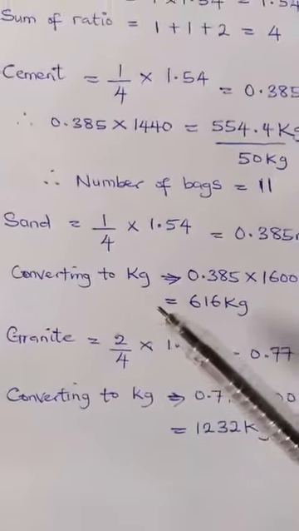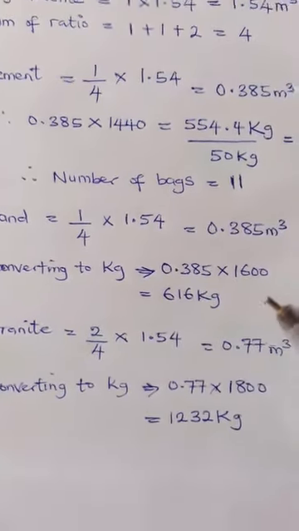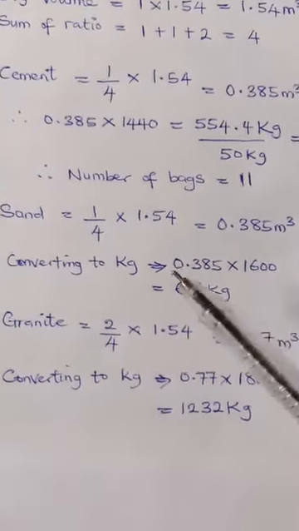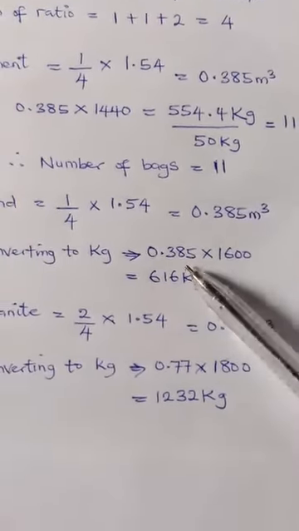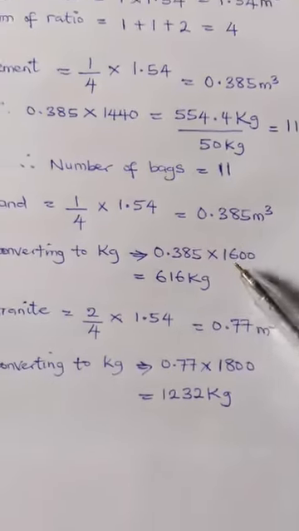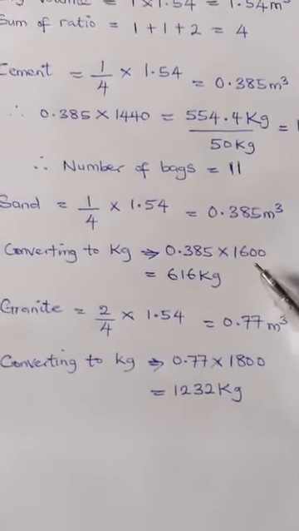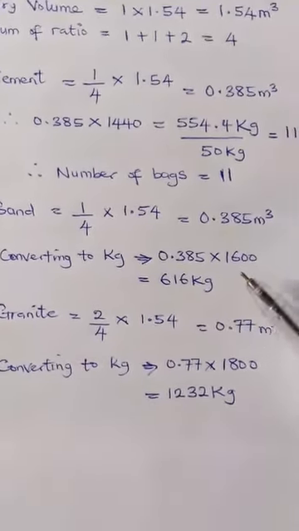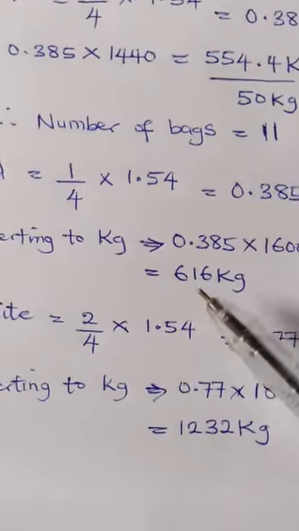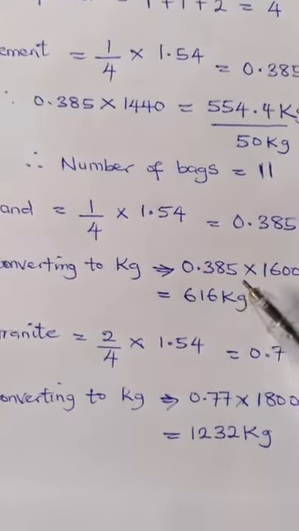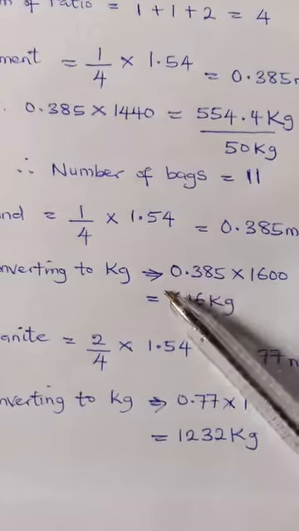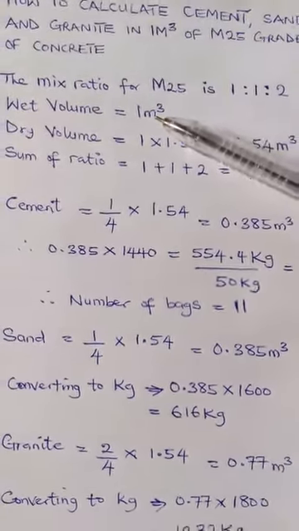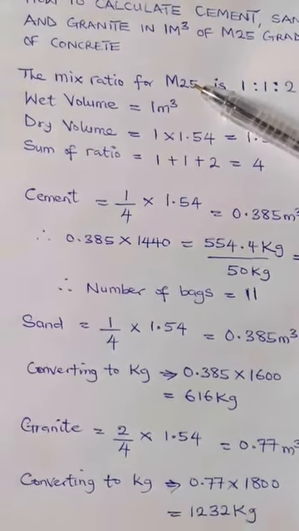Then converting it to kg, if you're doing your batching by weight, you multiply the volume by the density of sand, which is 1,600 kg per cubic meter. When you multiply it, you have 616 kg. This is the weight of sand required for 1 cubic meter of M25 concrete.